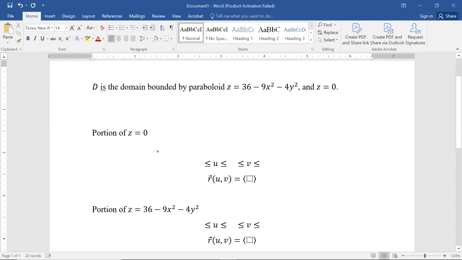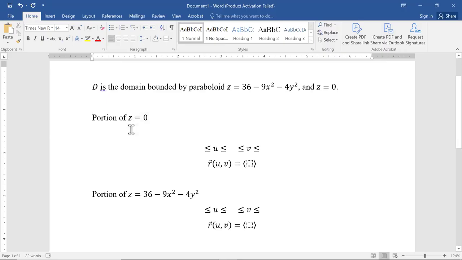All right, so I'll start with the portion, the part of that domain, which is the z equals 0 part, the underneath interior of the ellipse. Now, how do we find which ellipse we are talking about? Well, again, this is where z equals 0 and z equals 36 minus 9x squared minus 4y squared intersect.